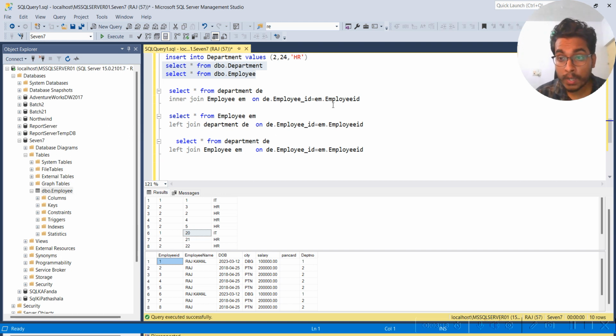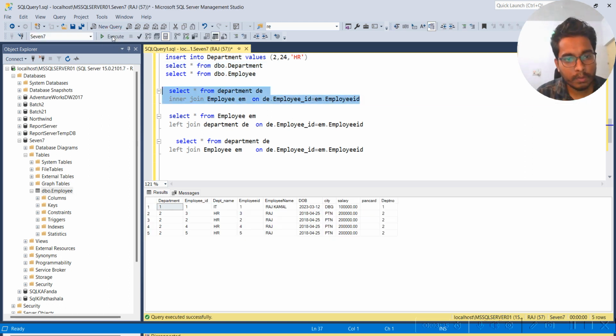So in inner join we are going to get only the common rows between the two tables, and what I mean by common is, based on employee id in both the tables, what are the common. So in inner join we are going to get only 5 rows because only 5 rows are common.